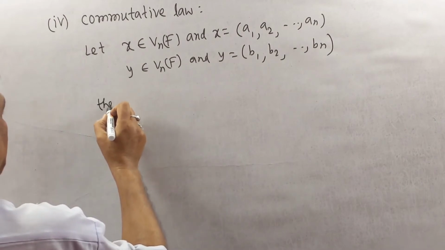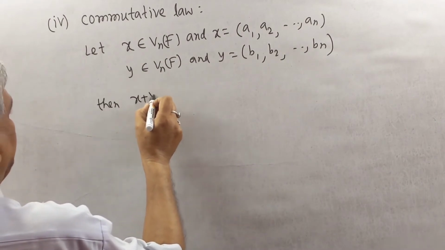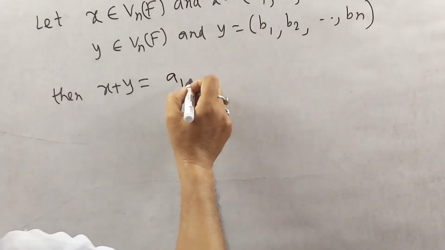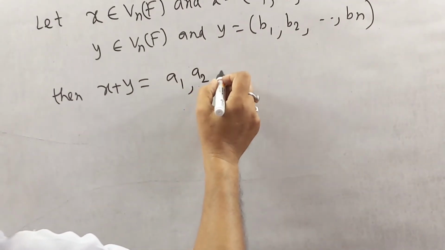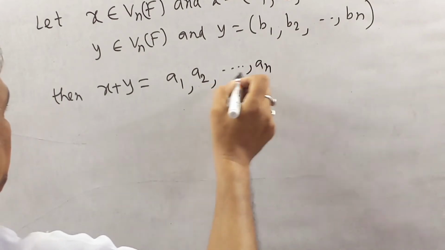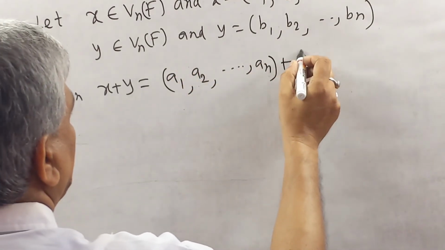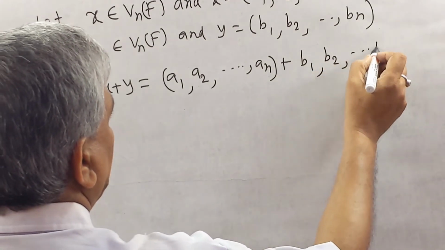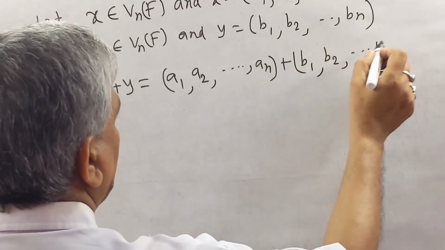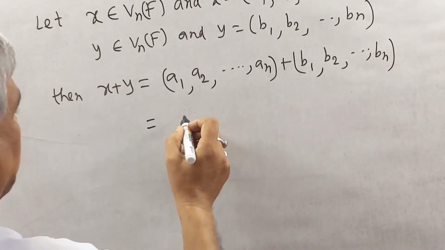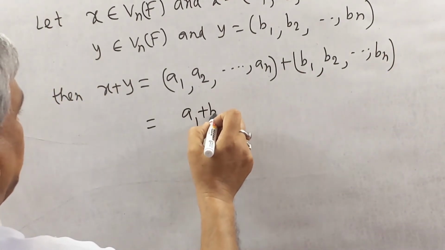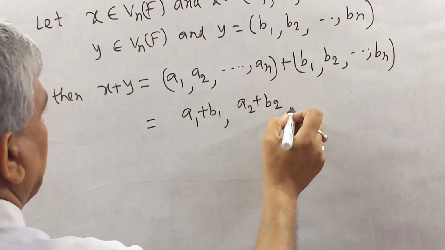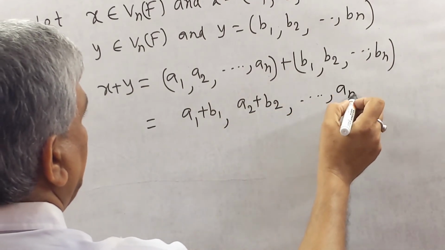Then x plus y equal to (a1, a2, ..., an) plus (b1, b2, ..., bn) equal to (a1 plus b1, a2 plus b2, ..., an plus bn).